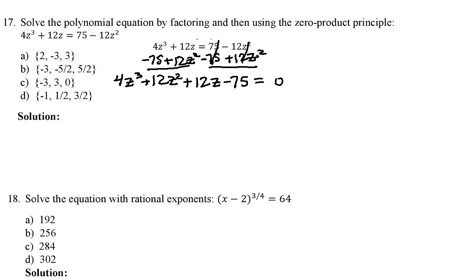And actually, I just noticed a typo here. This 12z should actually be 25z. And here 25z, and here 25z. I think that's already correct on your copy.